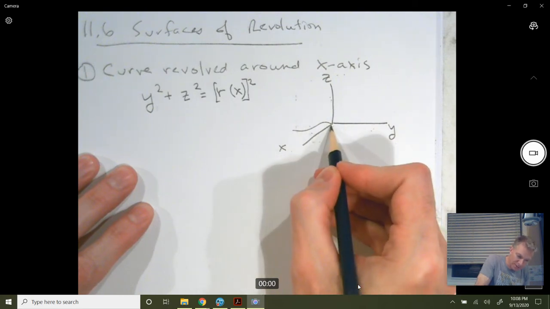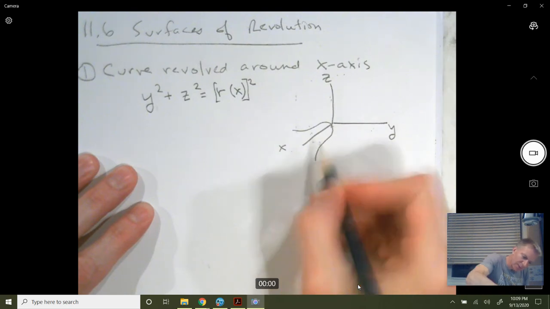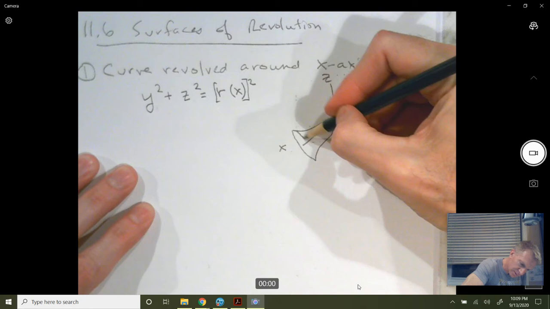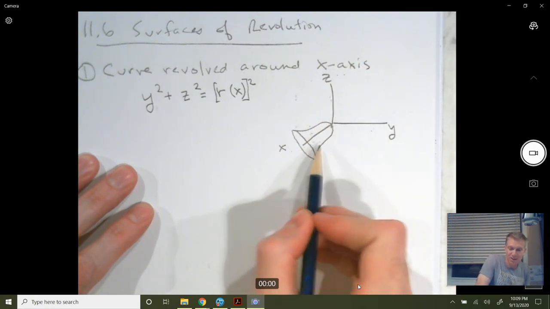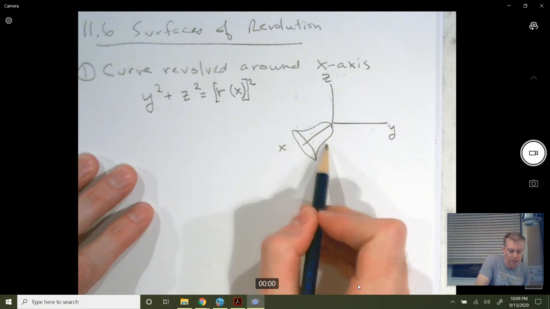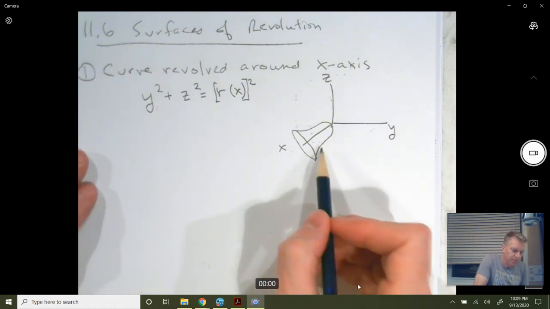Okay, so you get kind of a symmetric drawing over here, and this will be your surface. Now notice it's not a solid, it's just a surface. So it'd be like the outer shell of, let's say, a bell. This kind of looks like a bell, okay?